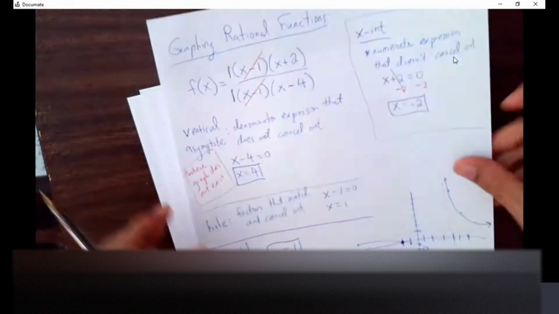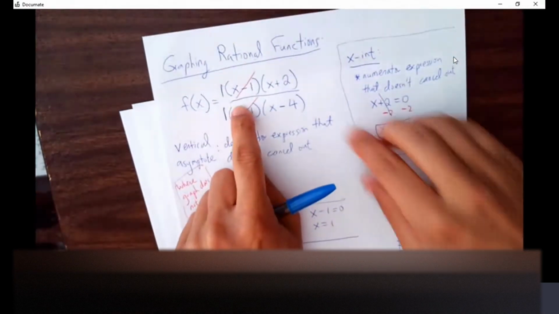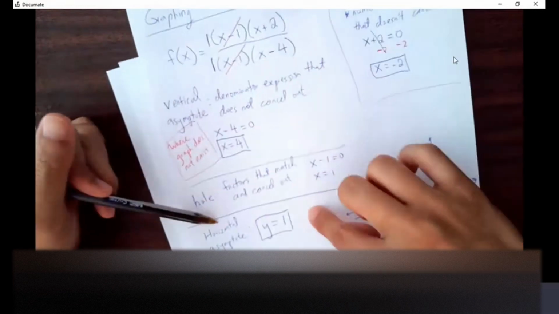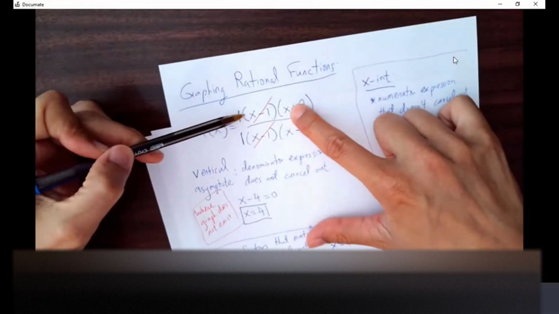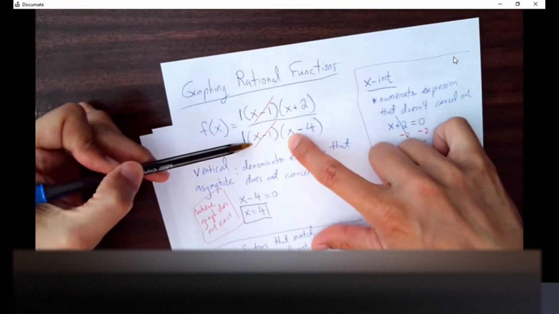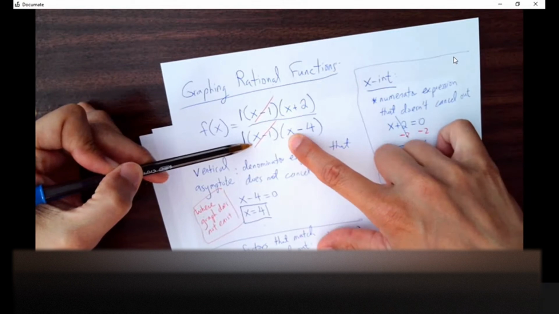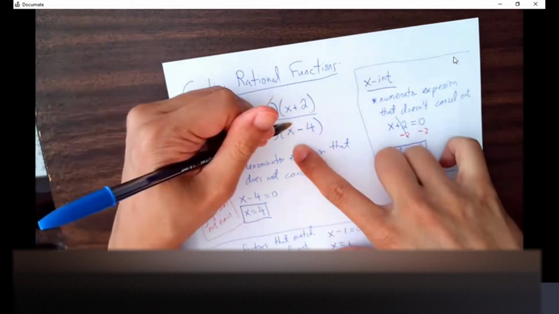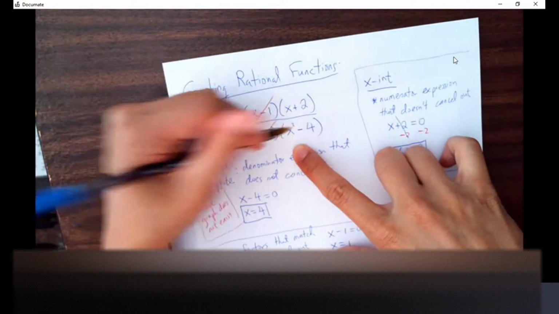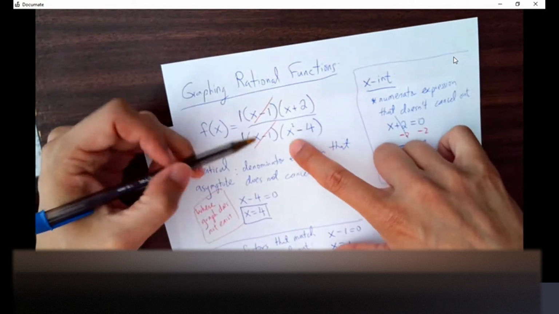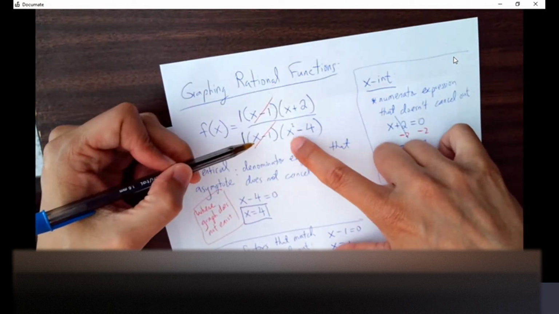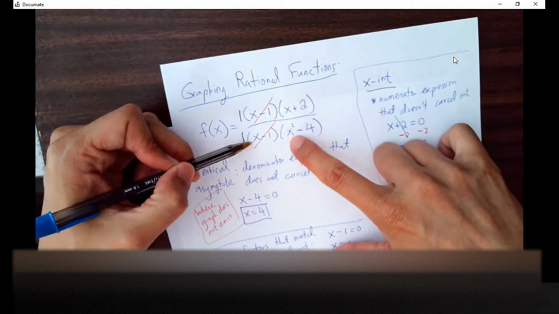Oh, and one thing I didn't bring up: for horizontal asymptotes we counted the x's, and there were 2 x's here and 2 x's down here. If there were more x's below, let's say there's x squared here, then there are more x's below than above.